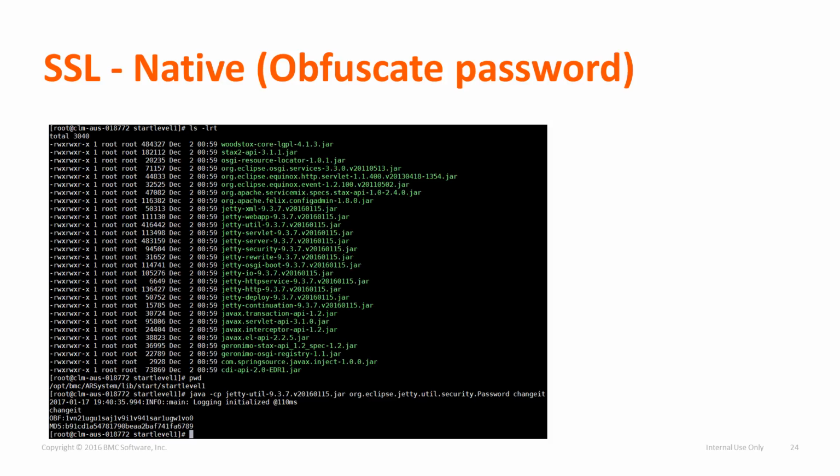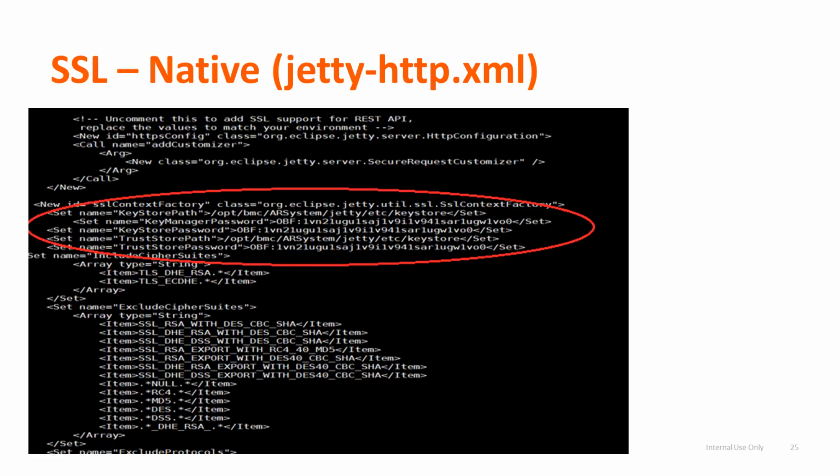Now, we don't want to update our Jetty configuration with the plain text password, so we use the obfuscate utility to do that. The command returns OBF, and then a certain value, and that's the encrypted value that I'm going to be using. You can see it highlighted here. And this is the default path to the key store itself.